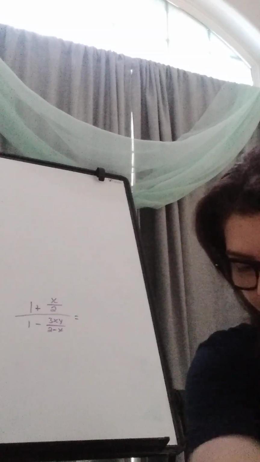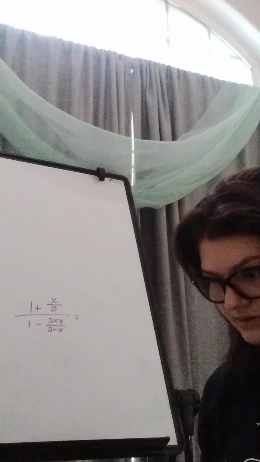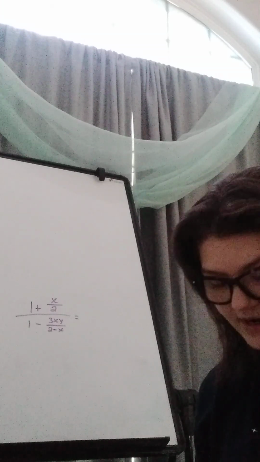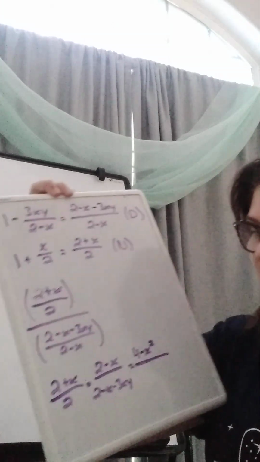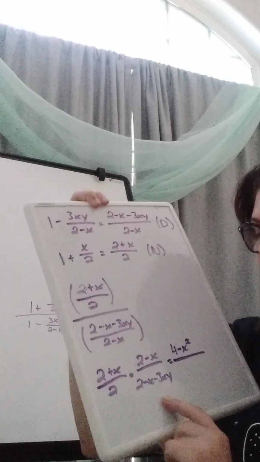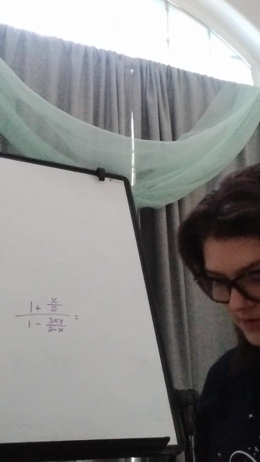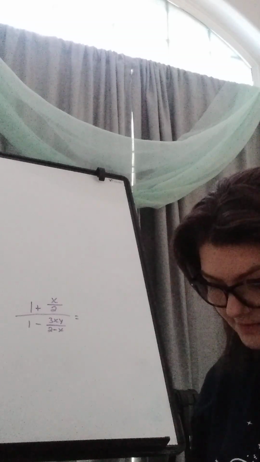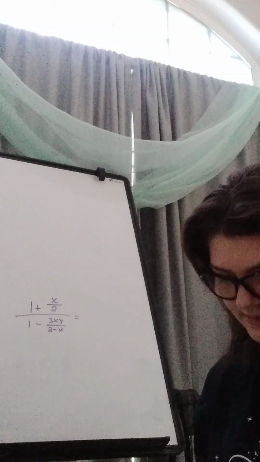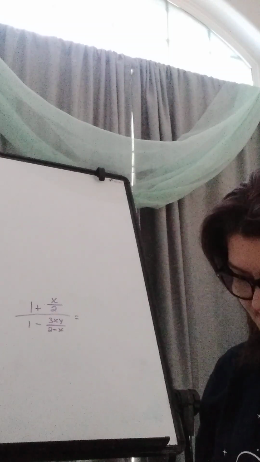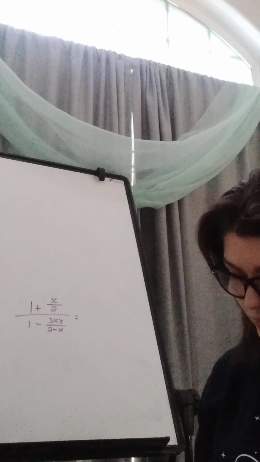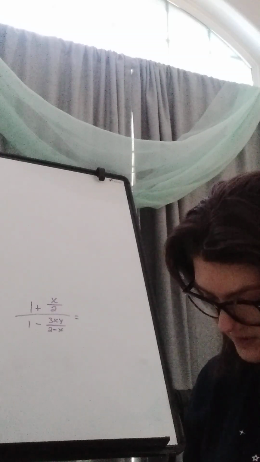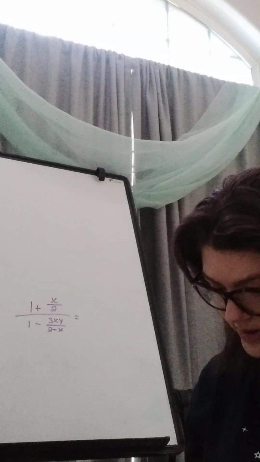Okay, so we did the numerator, the denominator. Basically, all we're going to do is multiply this 2 to everything. So we'll have 2 times 2 is 4. 2 times negative x is negative 2x. 2 times negative 3xy is going to be negative 6xy.